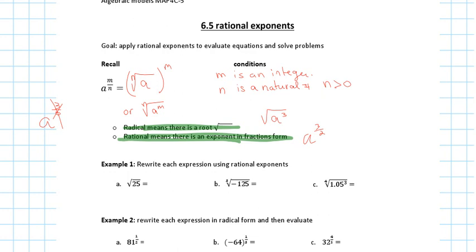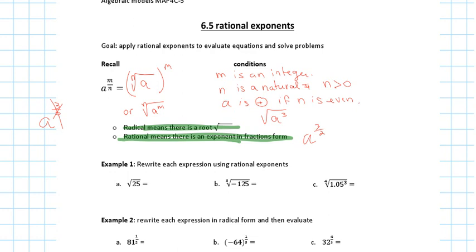If n is even, a has to be positive. Why is that?